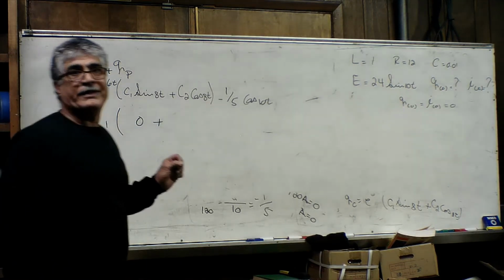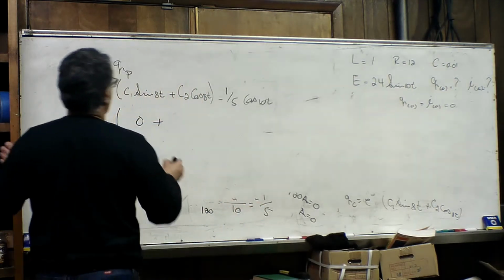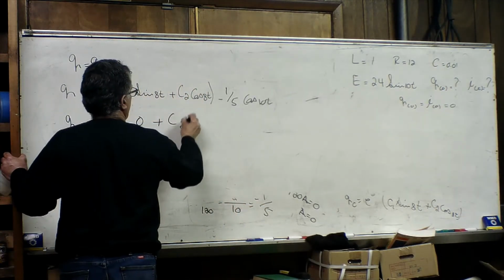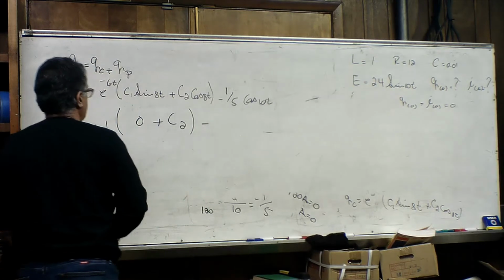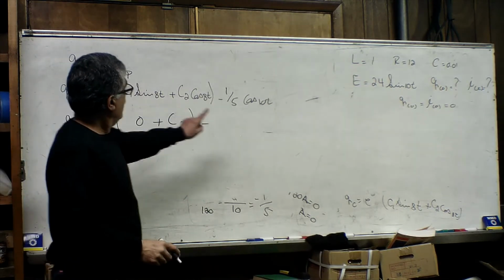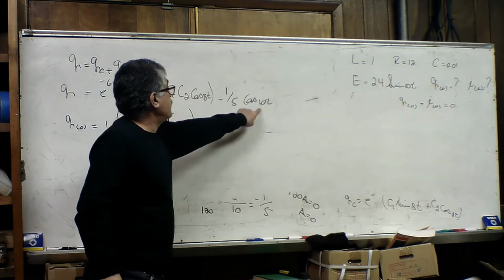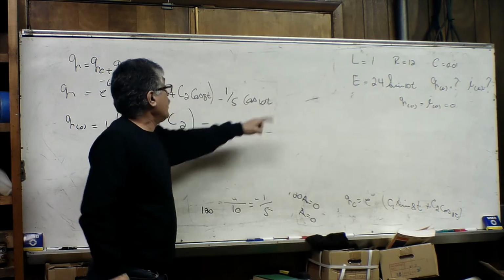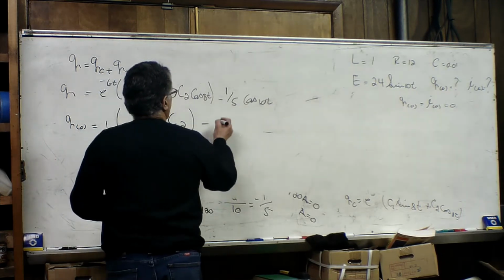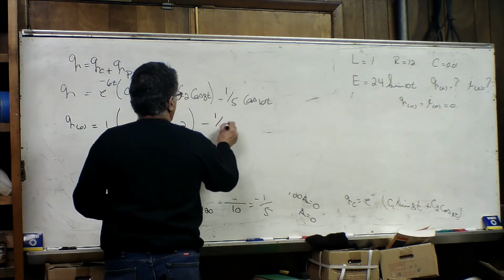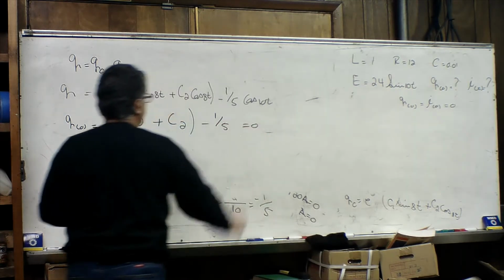The cosine of 0 is 1, so plus C2, minus, cosine of 0 is 1 again, so minus 1 over 5, is equal to 0.